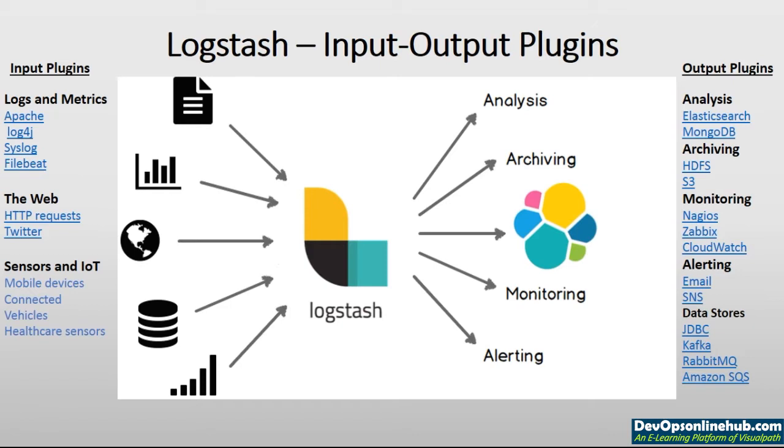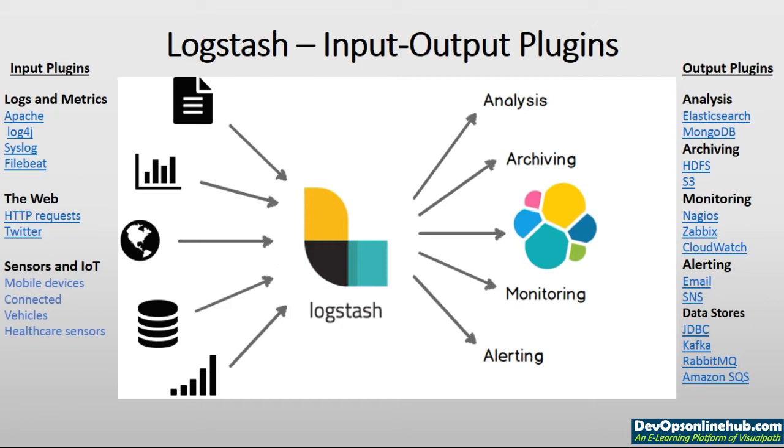They fall in the category of alerting, and they can be email or SNS. And if the output is of database store type, then we can use data store output plugins. The categories of data stores are JDBC, Kafka, RabbitMQ or Amazon SQS.